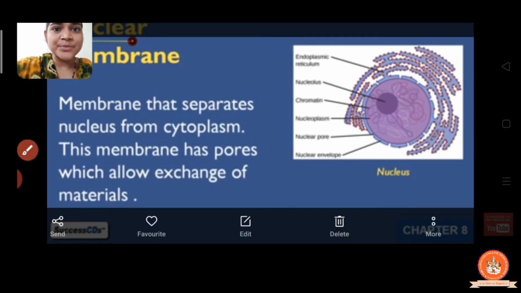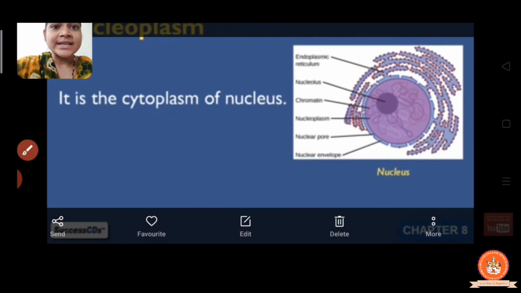Now the next component we have is nucleoplasm. It is the cytoplasm of the nucleus, right? In the cell there is a jelly-like cytoplasm present. Similarly, liquid material is present in the nucleus. It is called nucleoplasm.